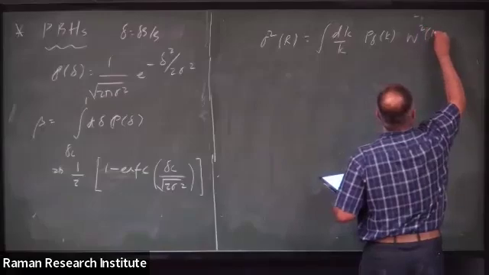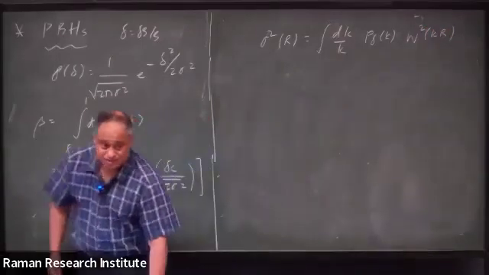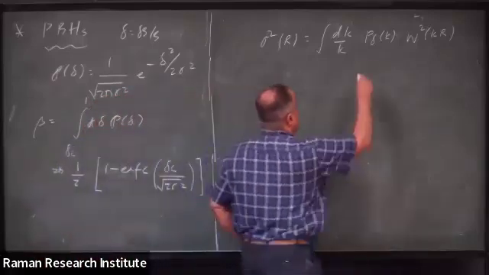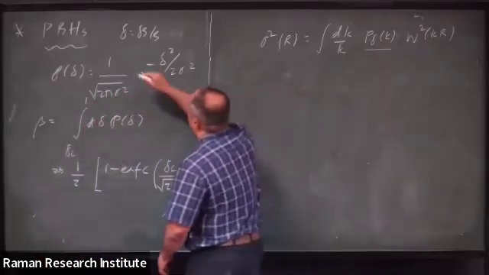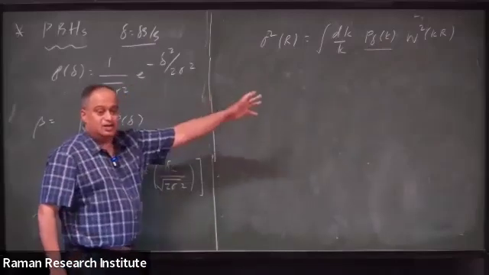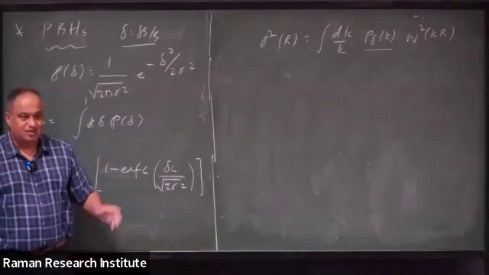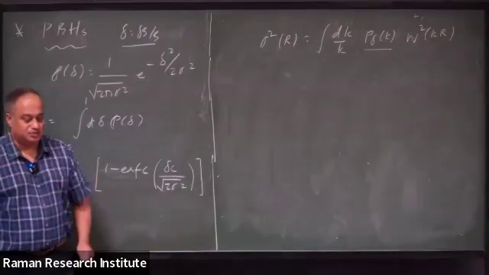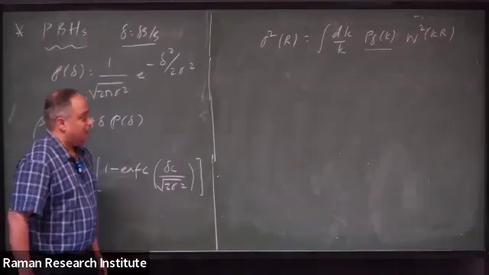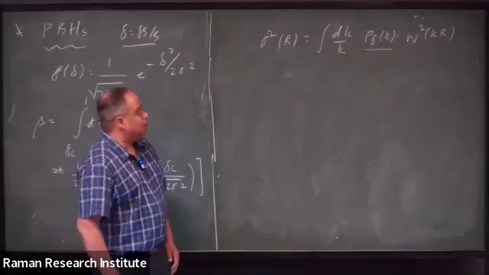Okay, and there is a window function. This is the power spectrum associated with the density contrast, delta rho by rho. And that in turn is related to the primordial scalar power spectrum, which we have defined. We need to obtain that relation. I will try to explain that relation in a matter of minutes. And this W is some window function. So what do you have?